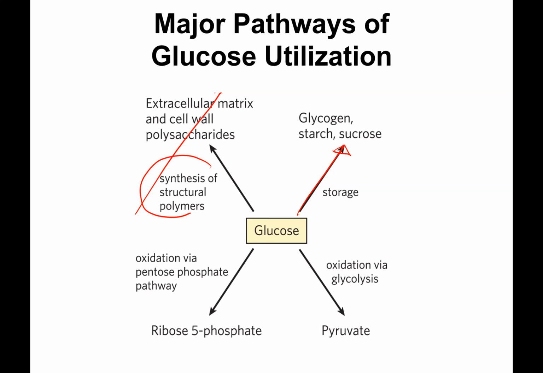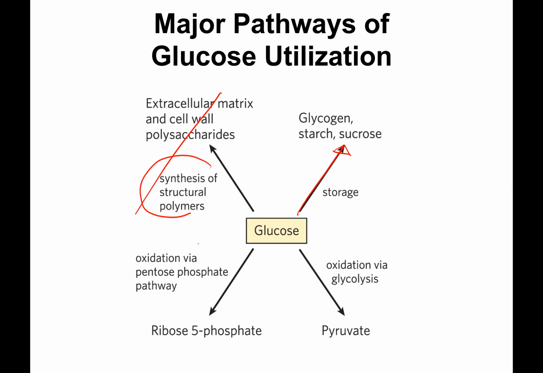We won't be talking heavily about the synthesis of glycogen, but we will be talking about the breakdown of glycogen to glucose, extracting energy from glycogen after it has been synthesized as a storage molecule.